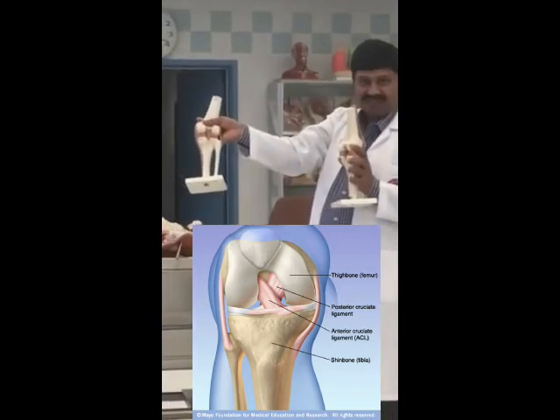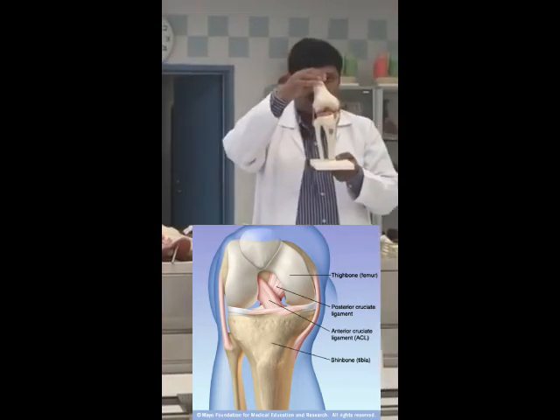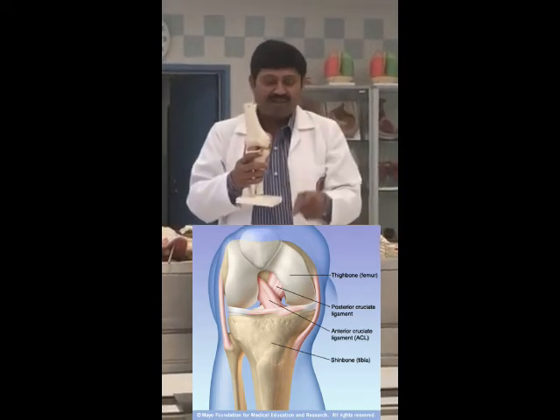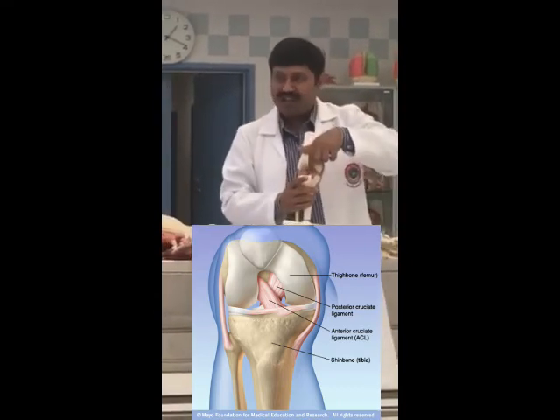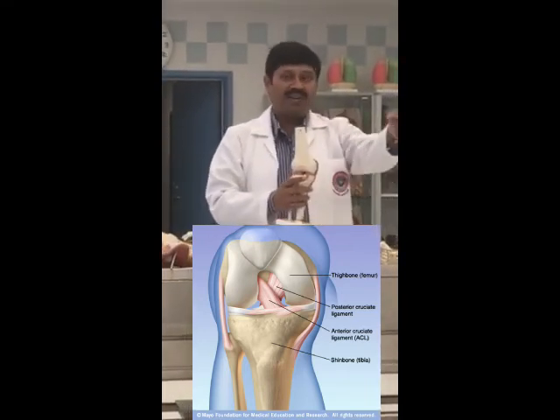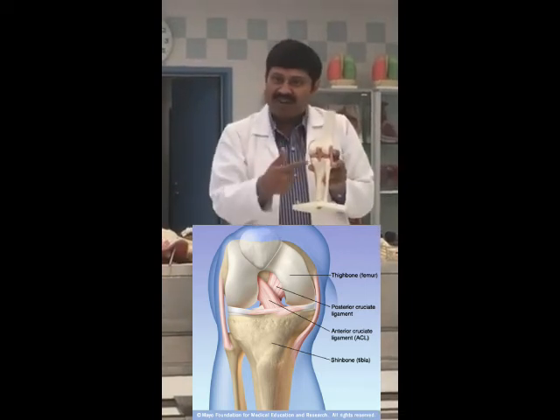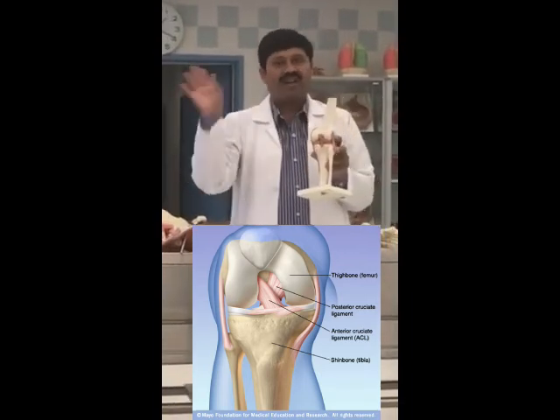The names of the cruciate ligaments are based on their attachment to the tibia. If this is originating from the tibia anteriorly, we call it the anterior cruciate ligament. This one is originating from the posterior part of the tibia, so we call it the posterior cruciate ligament.